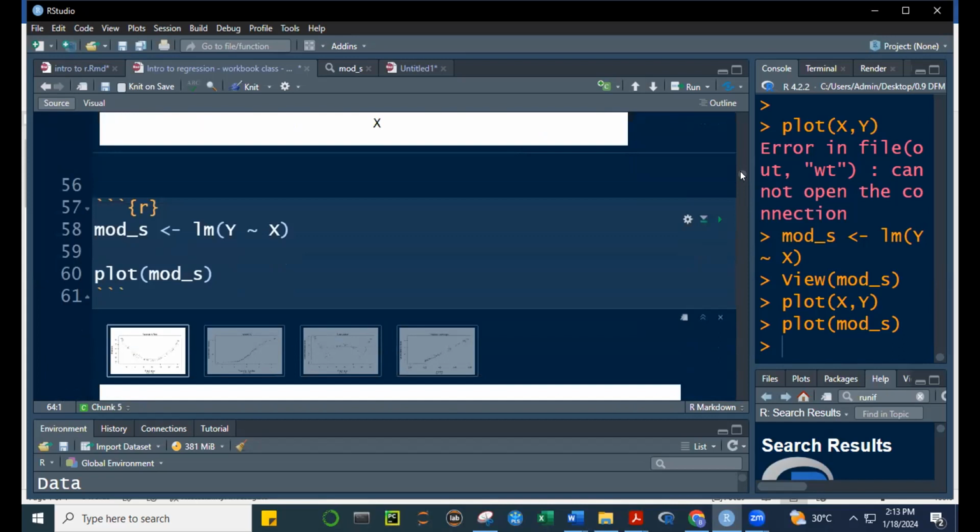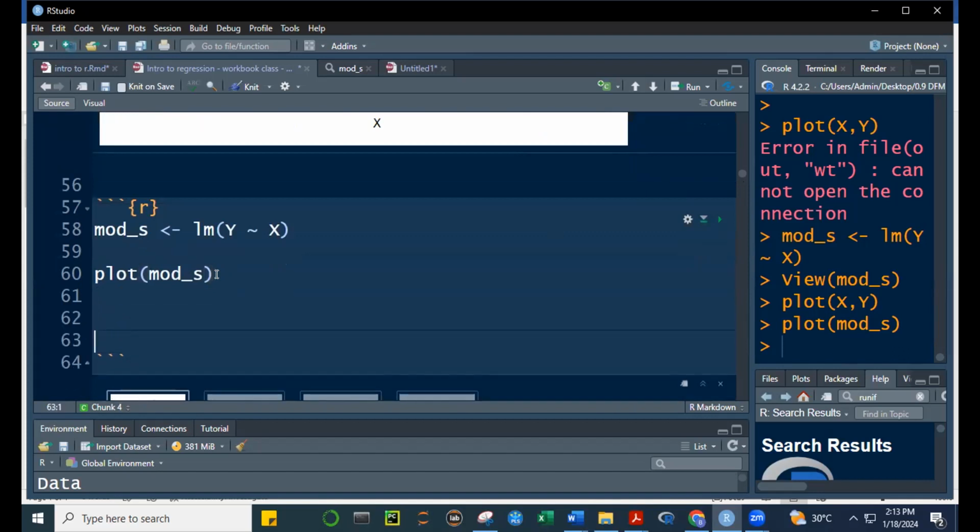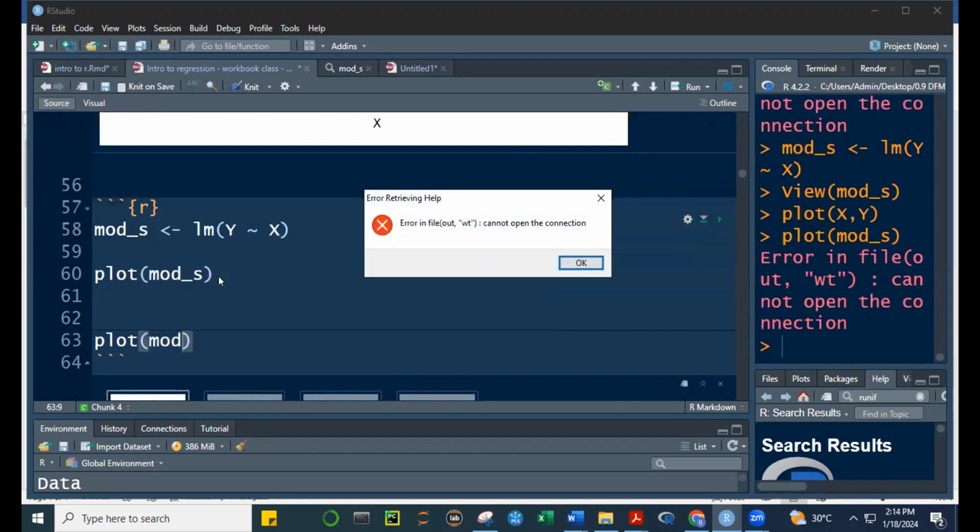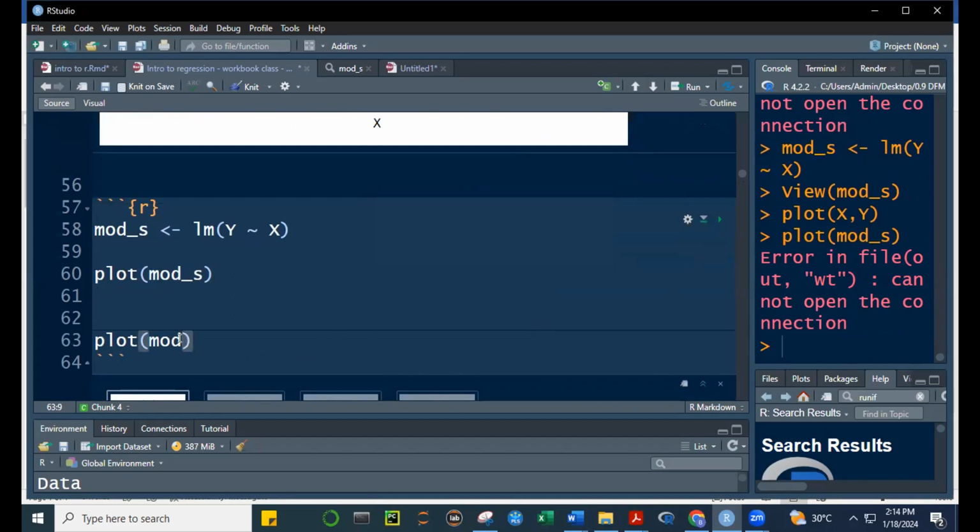If I add here, for example, plot mod S, class. Okay?